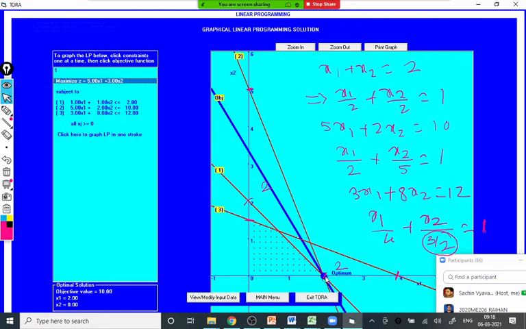Can anyone guess how many iterations will be required in the simplex method then? See, the maximum value is 10 and it is at the point 2, 0. Can anyone guess how many iterations we have to do for the simplex method? Maximum 4 iterations. Minimum? 1.